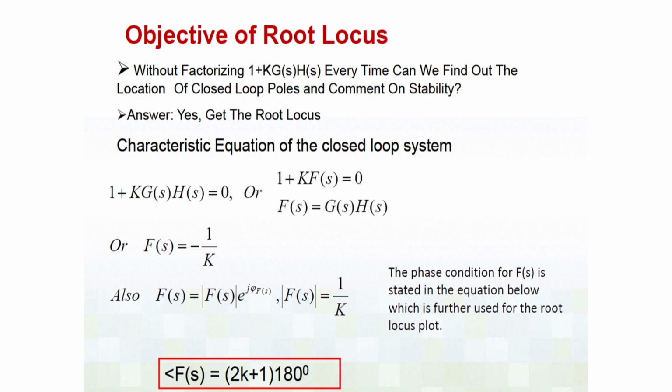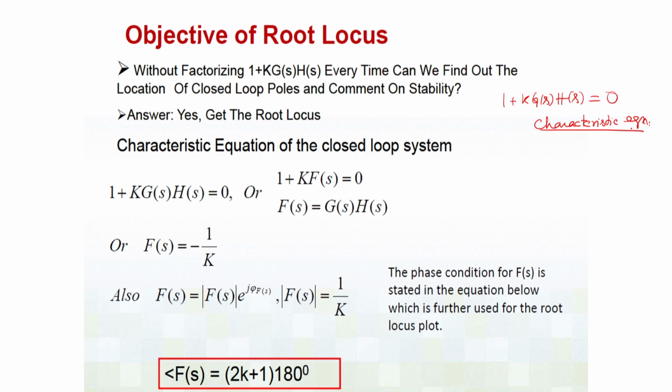Well, so we already know that the transfer function is KG(s) over 1 plus KG(s)H(s). Now, 1 plus KG(s)H(s) equals 0 is actually the characteristic equation of the closed loop system. This is something that we have to always keep in our mind.